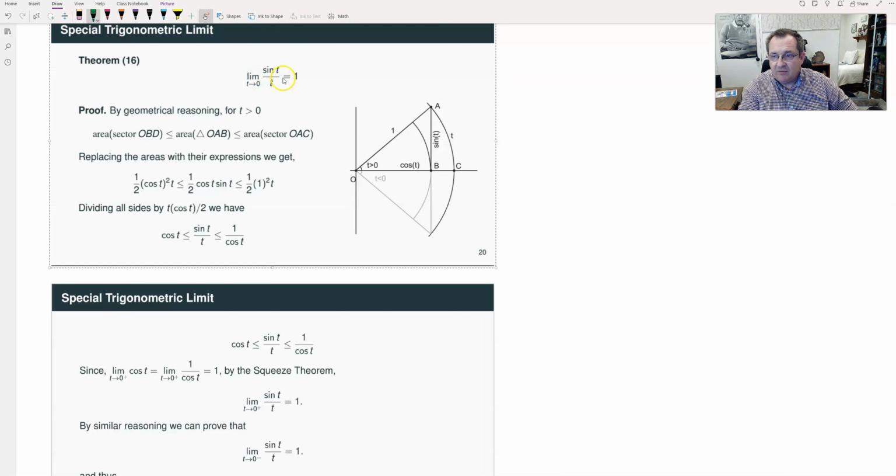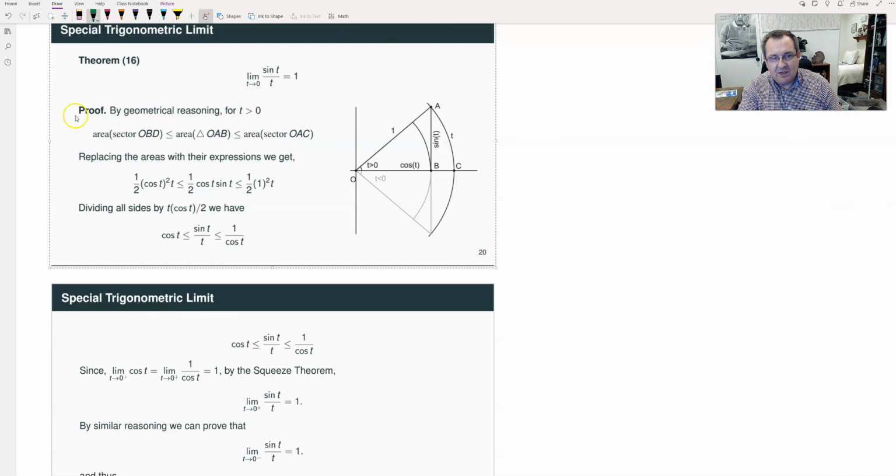This limit is one of the rare occasions when polynomial functions, which is t in the denominator, meets trigonometric function, which is sine t in the numerator. In general, it's very difficult to establish any relationship with polynomials and trigonometric, and here is one of those rare cases. Because of its importance, that limit was called special trigonometric limit.